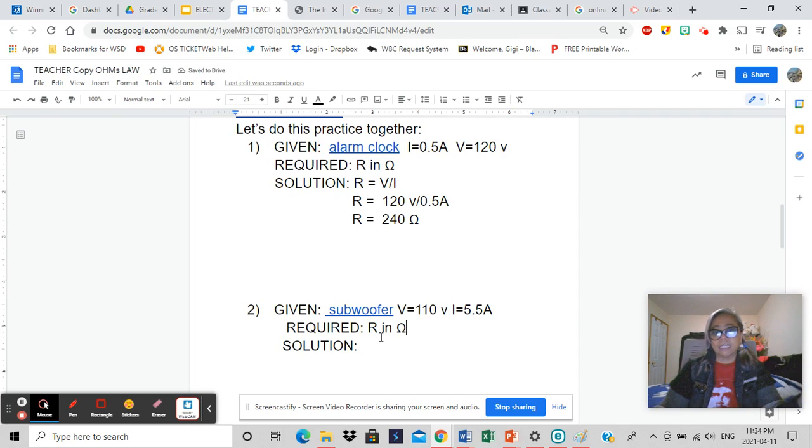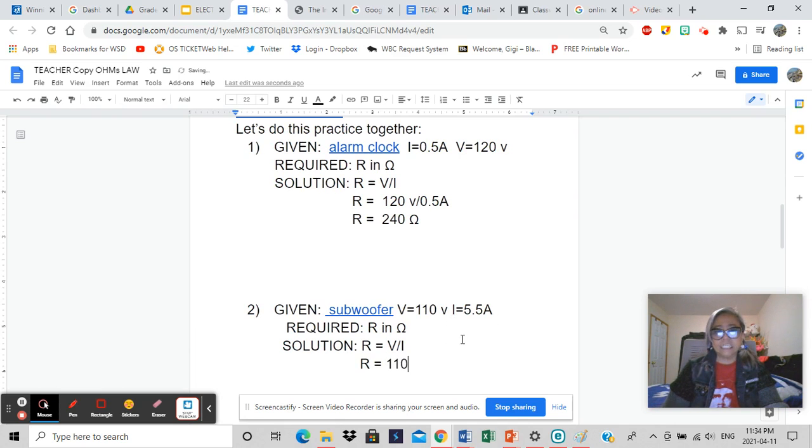So now, the advantage sometimes of doing it online: your solution you can cut and paste, right? So the same formula here. R is V over I, and then substitute the values that you have in the problem. So this is now R equals what? What is voltage?